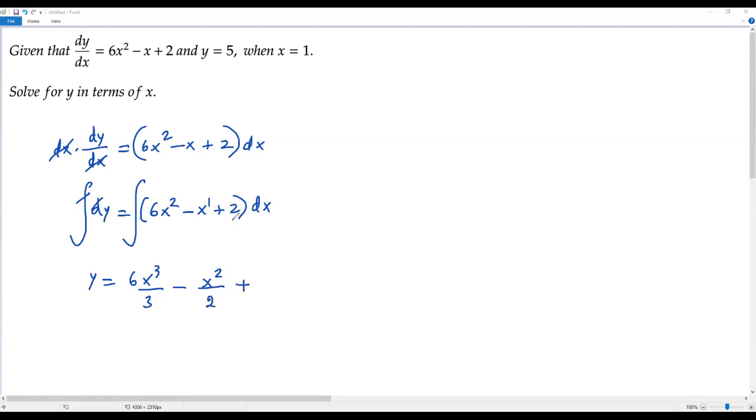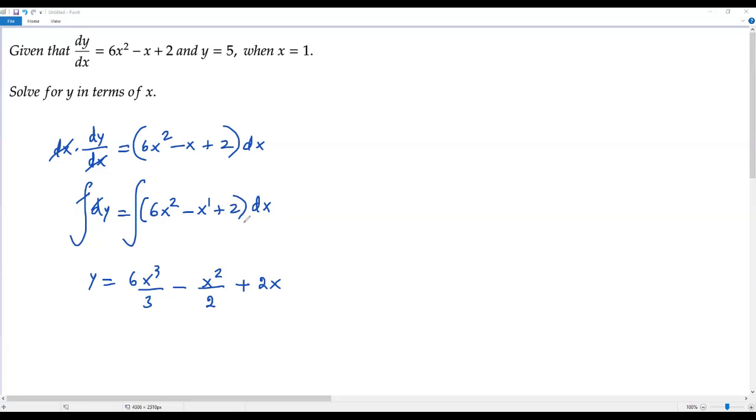Whenever I integrate a constant, I have to look at the variable with respect to which I am doing integration. Here on the right side, I am doing integration with respect to the variable x. So when I integrate a constant, the constant has to be multiplied by the variable x. If I were integrating with respect to some other variable, the constant would be multiplied by that variable.